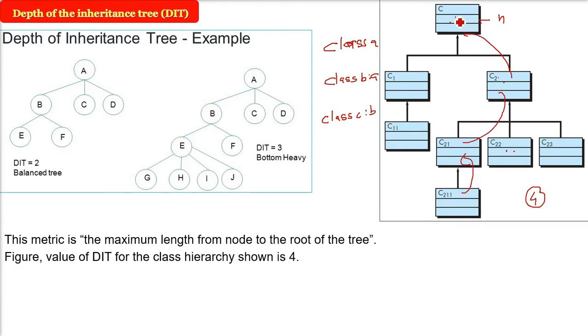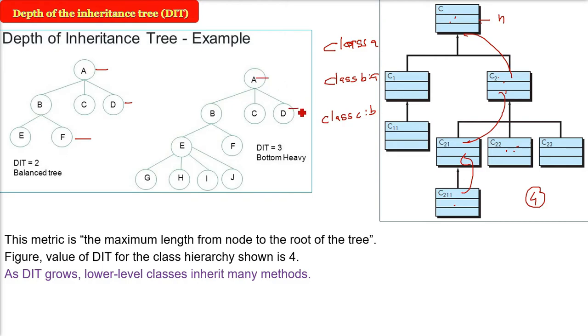And when this depth of inheritance increases and when it decreases, that directly represents the complexity of the object-oriented design. As DIT grows, the lower level classes are bound to inherit many methods from C; C2, C21, C211 will inherit. Okay.